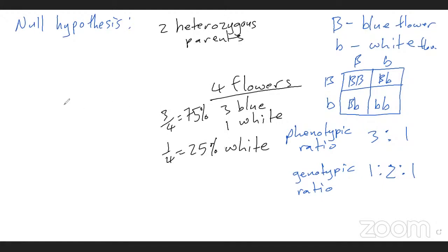So question, if you have 50 flowers, how many should be blue? If you cross two heterozygous parents and you get 50 offsprings, how many of it should be blue and how many should be white? 49 blue, 1 white.